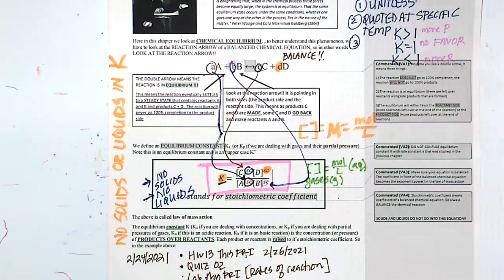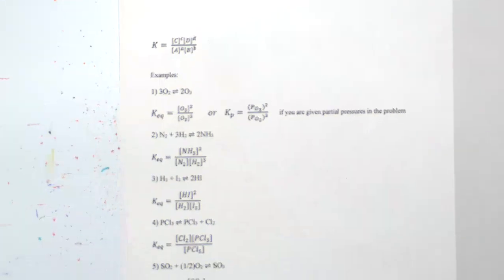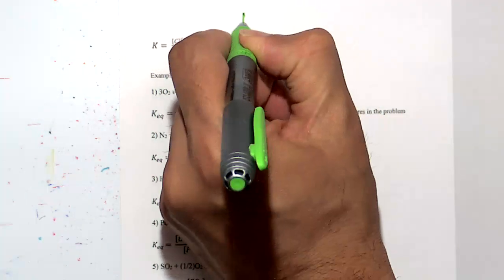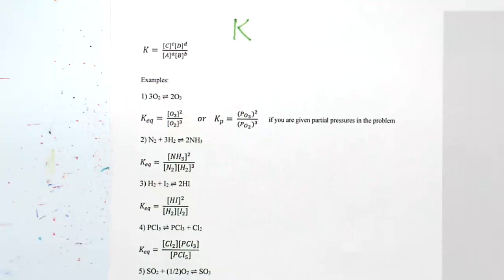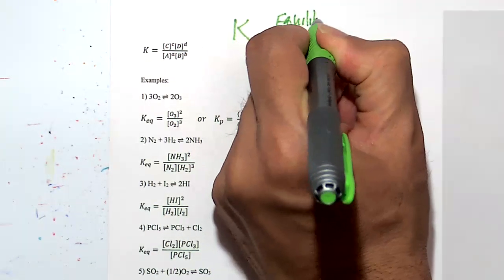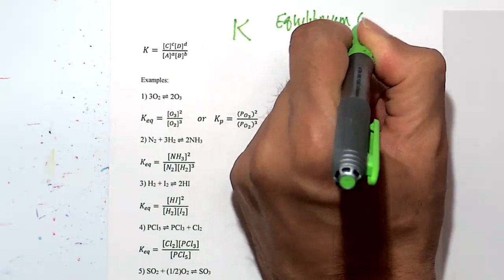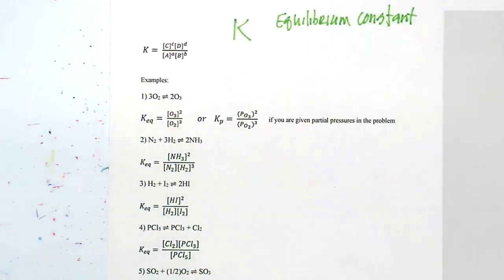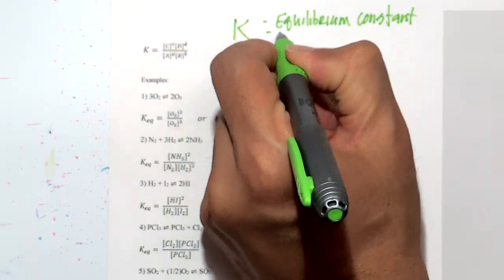Going to page 2 now. All right, so just remember here, K is our equilibrium constant. It's capital K. It's quoted at a specific temperature.